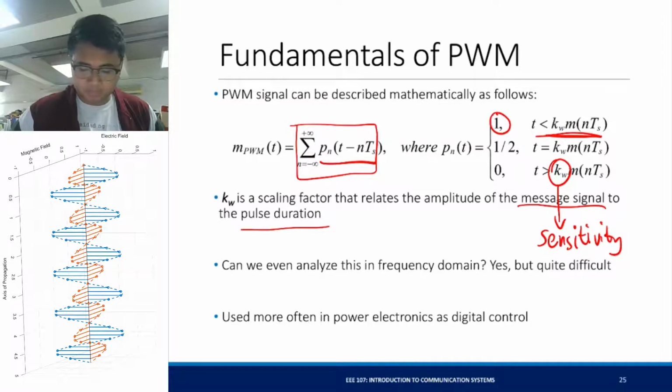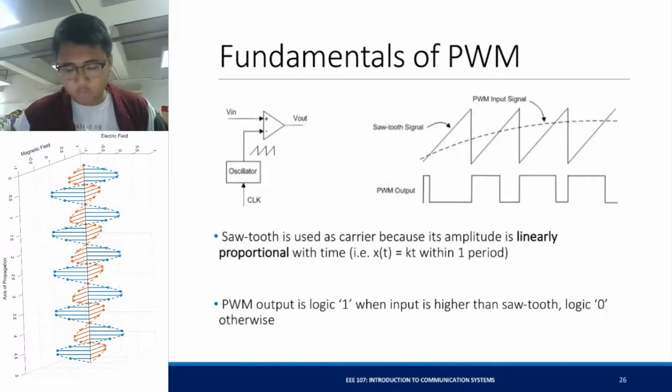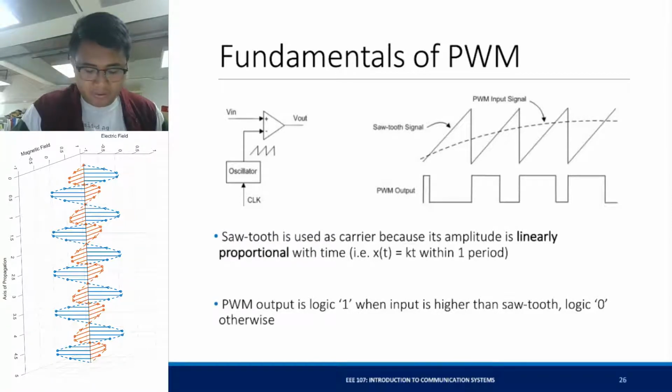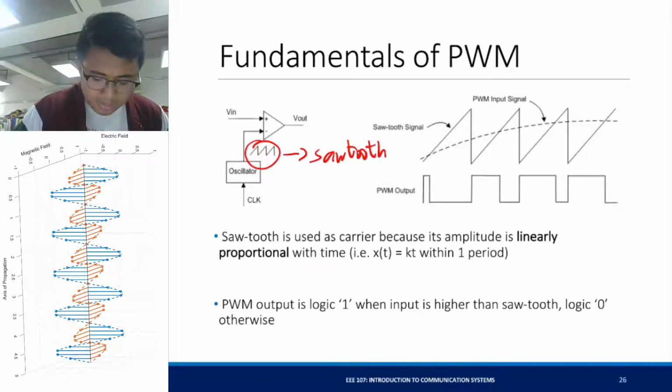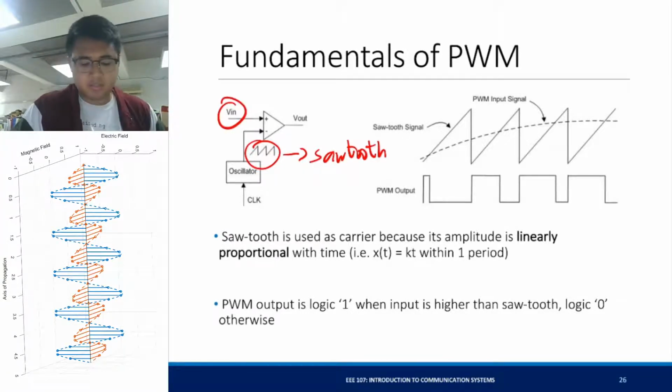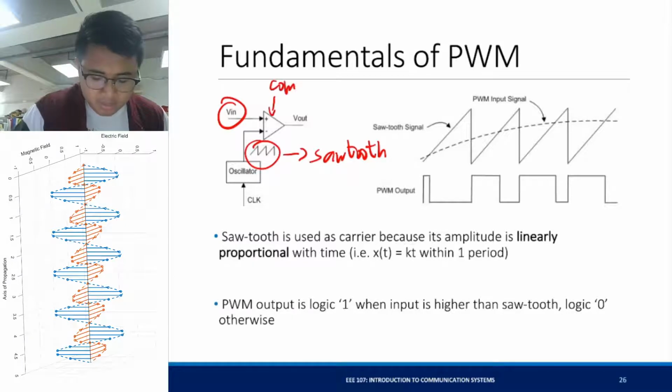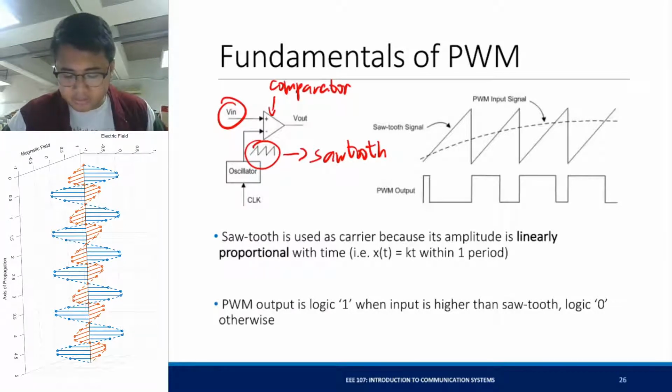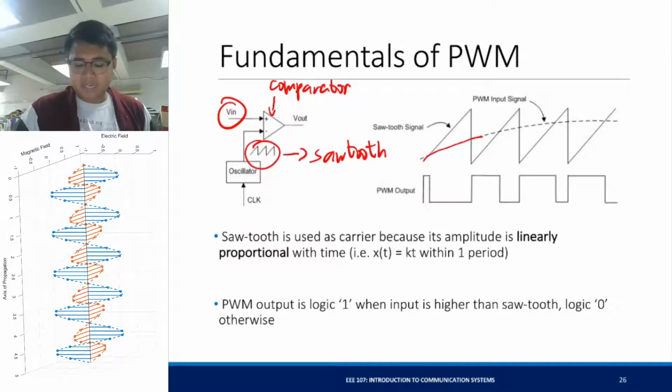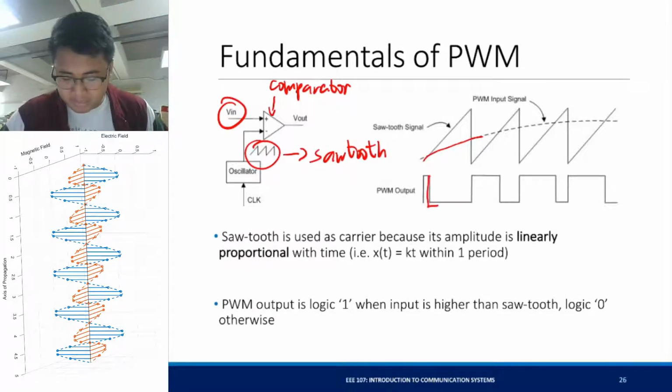Okay. To produce a PWM signal, you have to use a reference sawtooth waveform and compare it with your signal. Use a comparator for that. By using a comparator, whenever your sawtooth signal is greater than your input signal, it will have a low value.